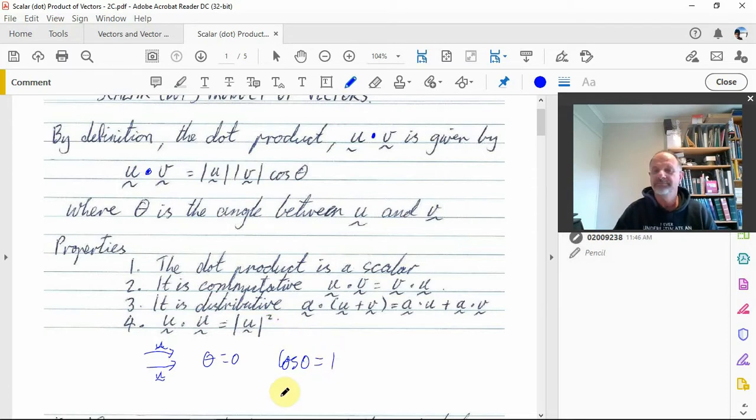So it becomes the magnitude of u times the magnitude of u times 1, which is the magnitude of u squared.